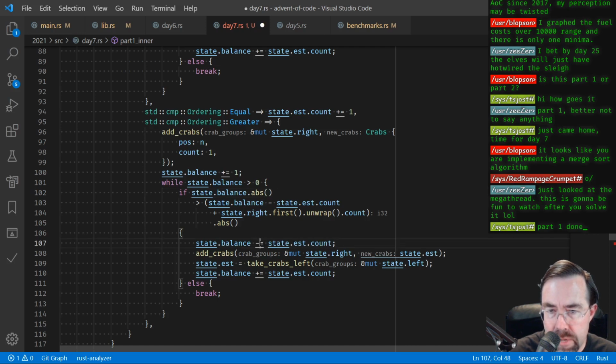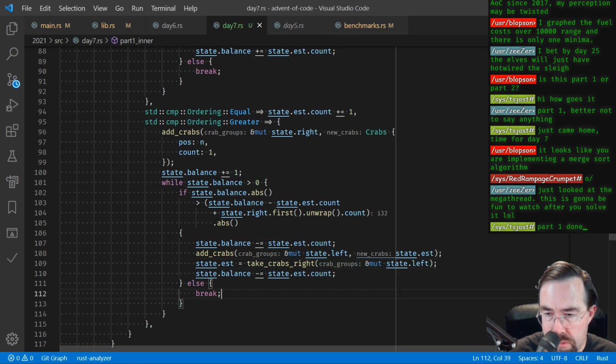Then we subtract in both cases, and we add the estimate crabs to the left, and we take the crab from the right. Right.